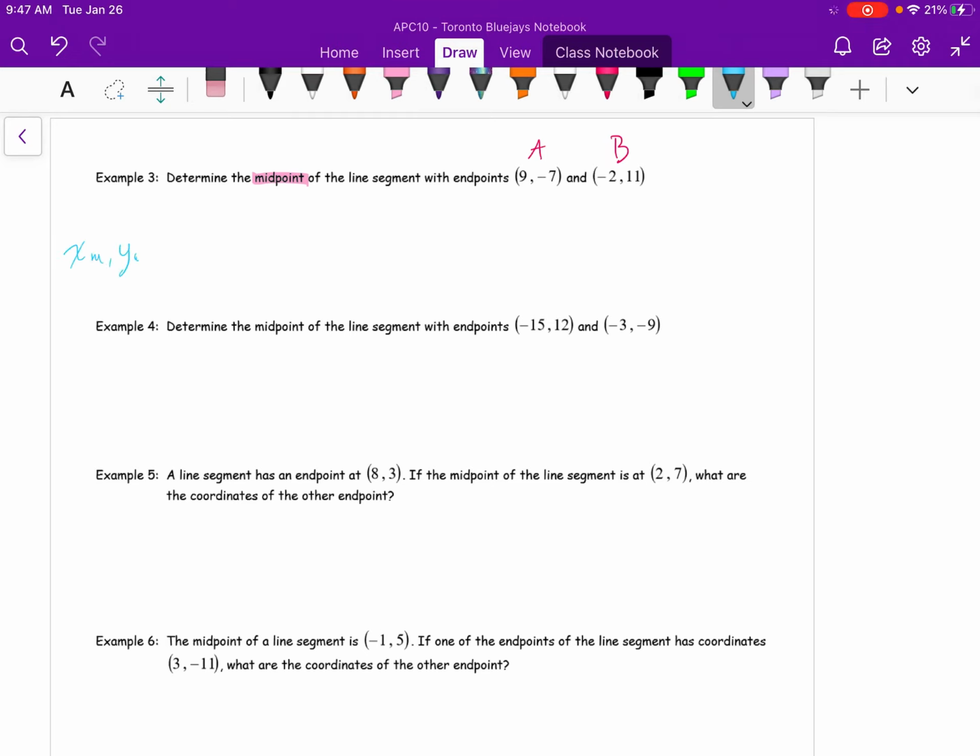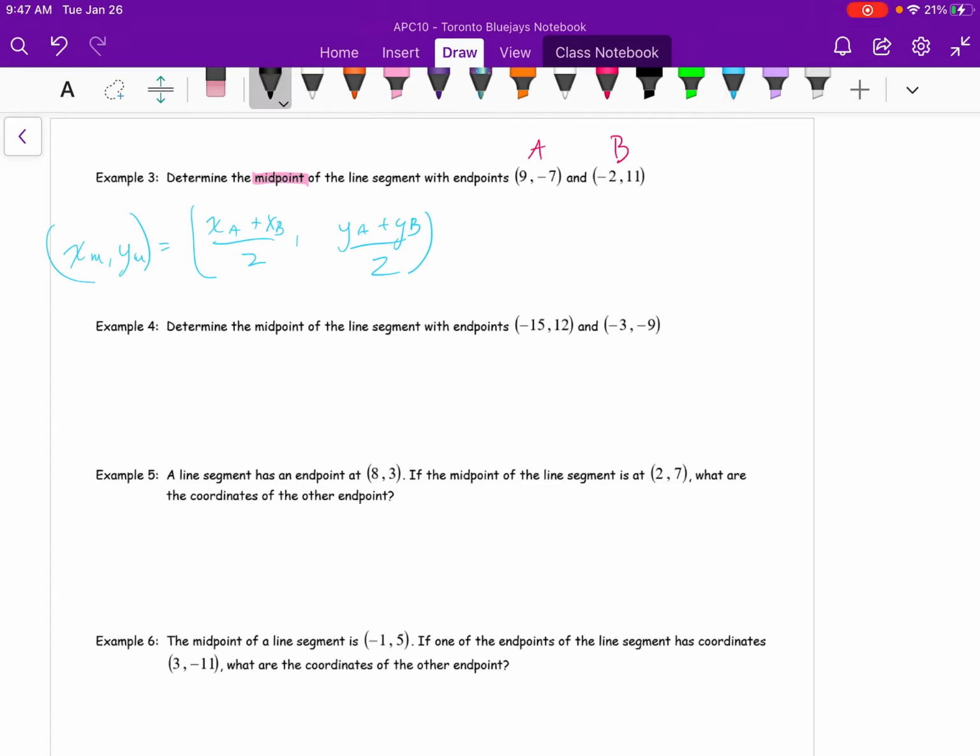xm, ym, and I'm going to put that as a point, is equal to xa plus xb divided by 2, comma, ya plus yb divided by 2. Now, depends on what your needs are.